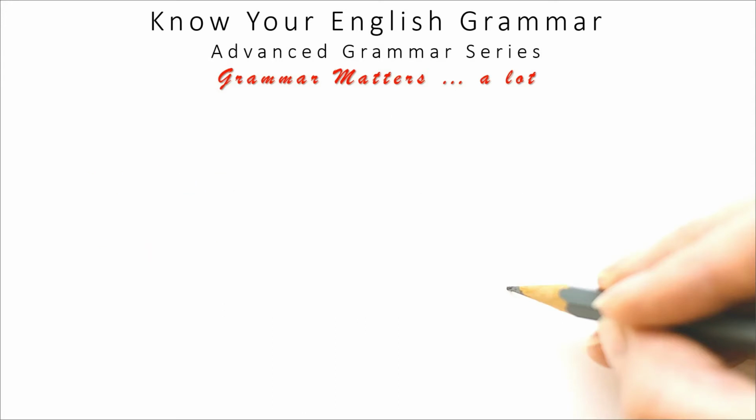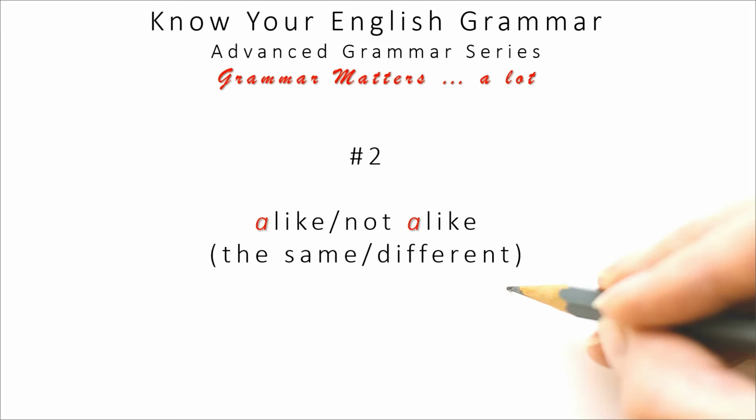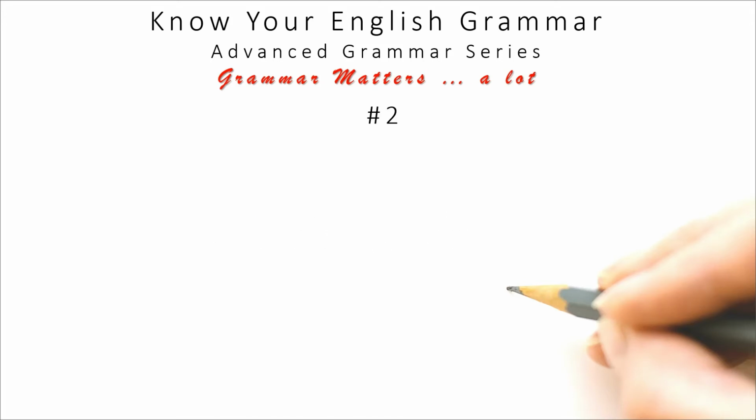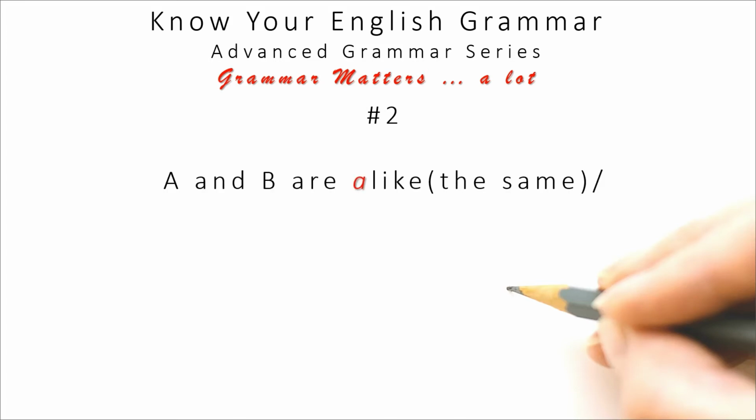Another way of doing comparisons is by using the adjectives alike, not alike. The patterns for those are A and B are alike or not alike in an aspect or aspects of comparison.